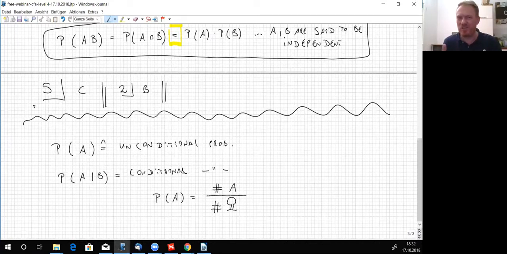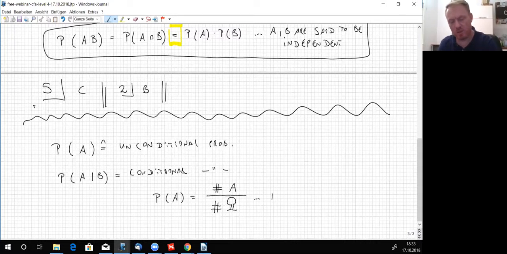Or even an unfair dice, that wouldn't change the number of possible outcomes. So there are 6 possible outcomes. And let's say I want to calculate the probability of throwing the number 3. The probability of the number 3 would then be 1/6, because omega is composed of 6 elements, 1, 2, 3, 4, 5, 6.